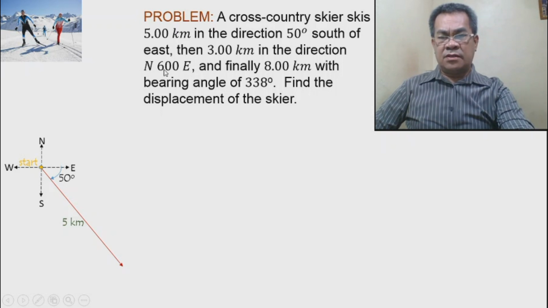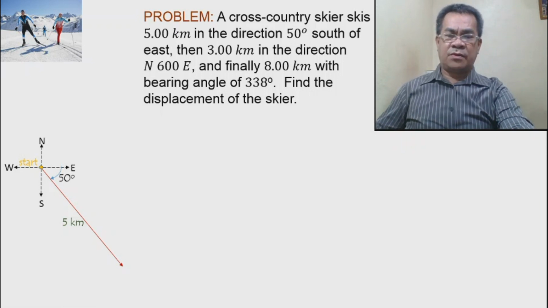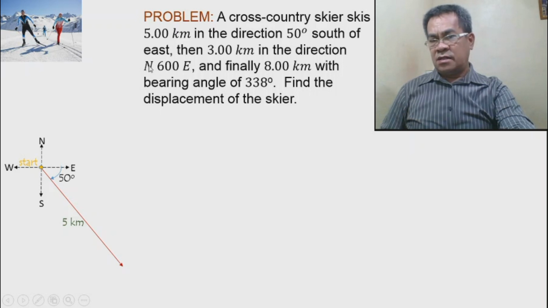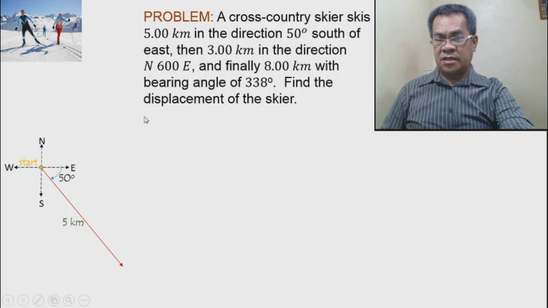So what is this angle? This angle of 60 degrees is coming from the north. If the angle is in between the axes, north pole and south pole, then the angle can come from the north or from the south, depending on the reference.